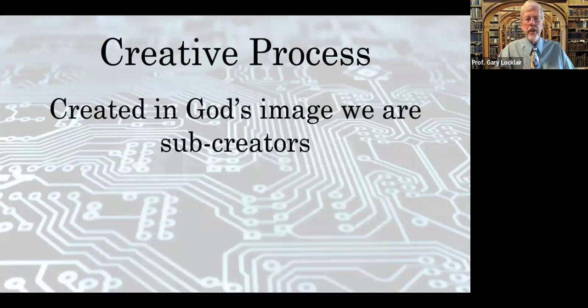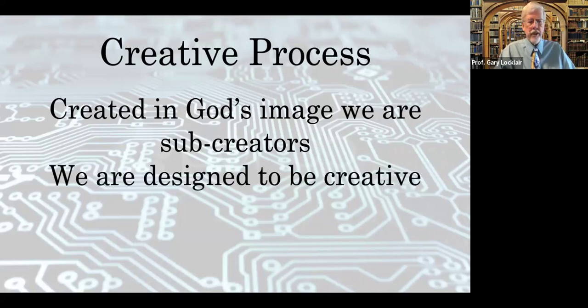Human beings were originally and specifically currently created in God's image. And because we are created in God's image, we possess some of those characteristics or attributes. We indeed are sub-creators, a term that I picked up from J.R.R. Tolkien. In other words, we are designed to be creative.